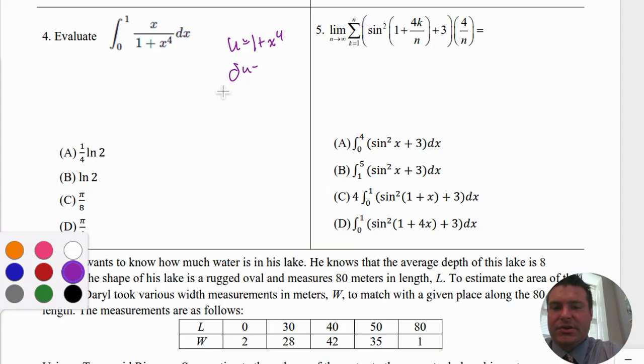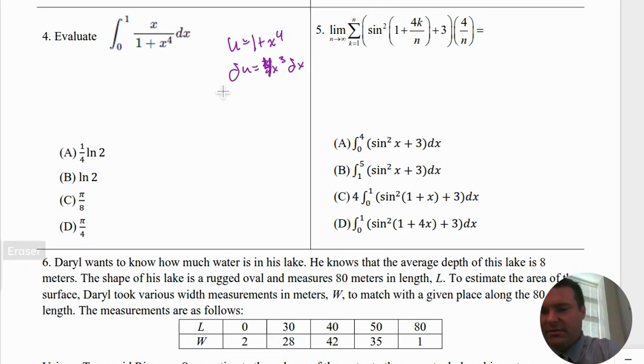But the problem is you're going to end up with this 4x cubed dx. And when we have an x on top in that algebraic sub, it's just going to get really, really nasty, and we don't want to do that. So I have to start thinking, wait a minute, maybe u isn't 1 plus x to the 4th. Maybe there's a more inner function there, which there is.